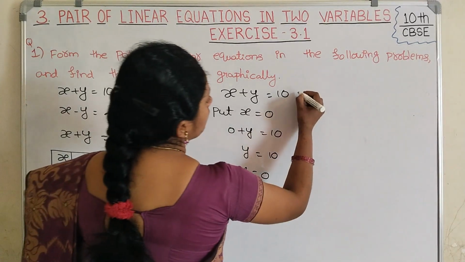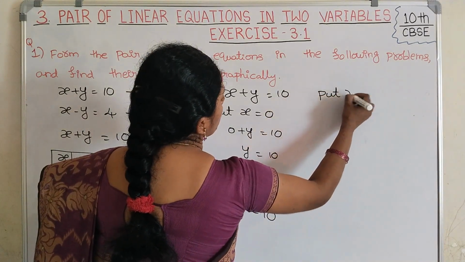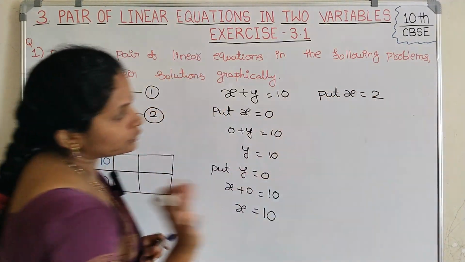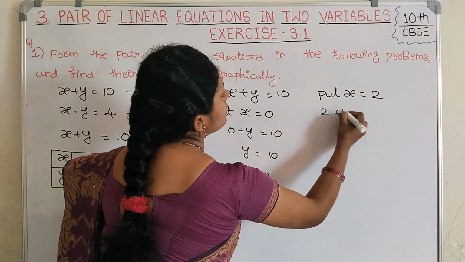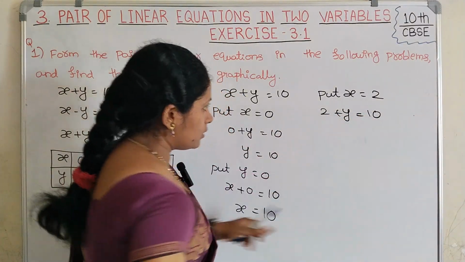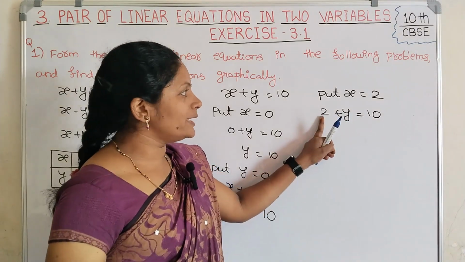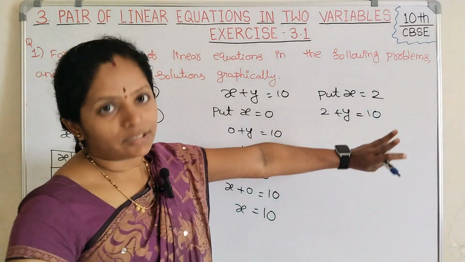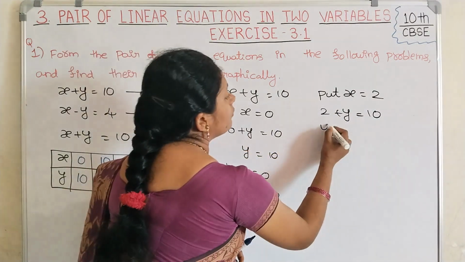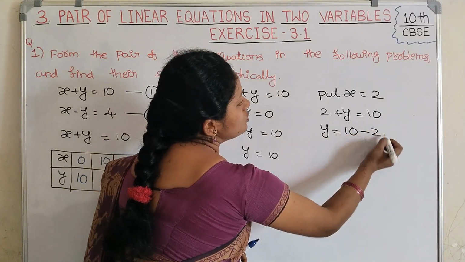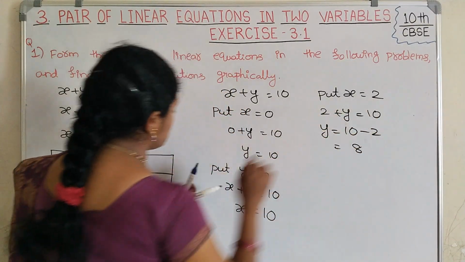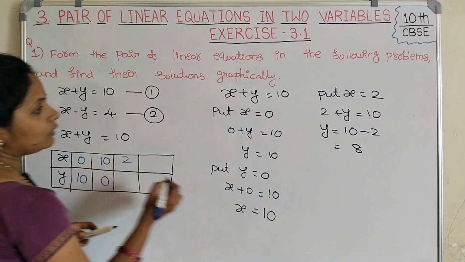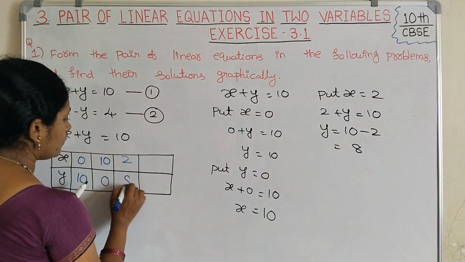Next, let us take x equals 2. 2 plus y is equal to 10. With y, 2 is in addition; if it goes to the other side, it will be subtraction. y equals 10 minus 2, that is 8. We write x is 2 and y is 8.